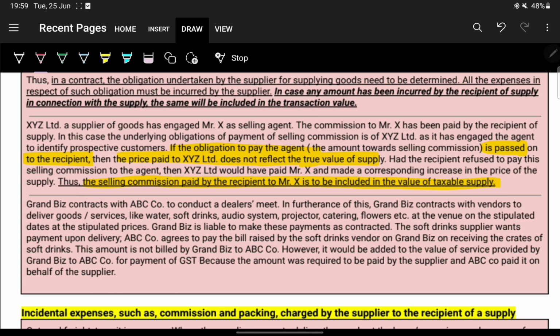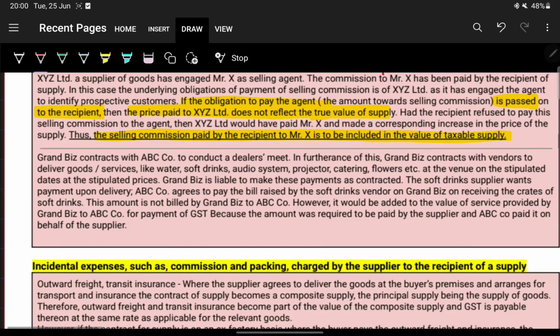Incidental expenses also include commission and packing expenses. So as per section 15, subsection 2, clause C, the amount of commission should have been added. Okay, next.